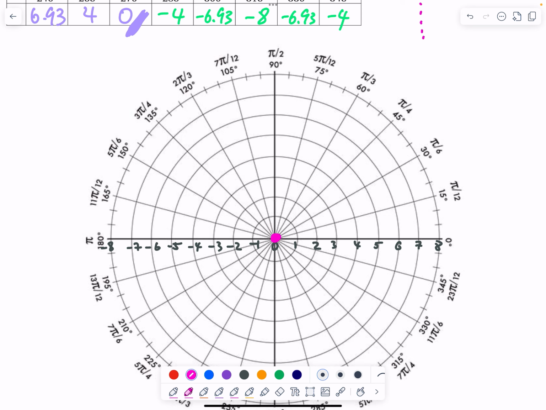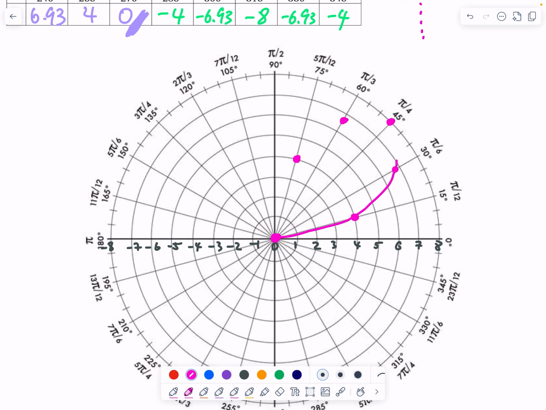And then the next point is 4, 15 degrees. And then 6.93, 30 degrees. And then we reach 45 degrees, which is at 8. And then symmetrical, 6.93, and then back to a 4. And then back to a 0.